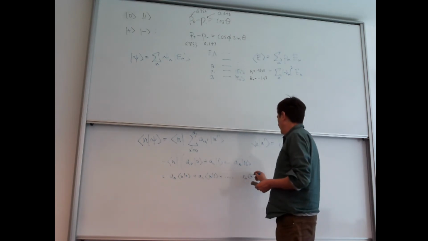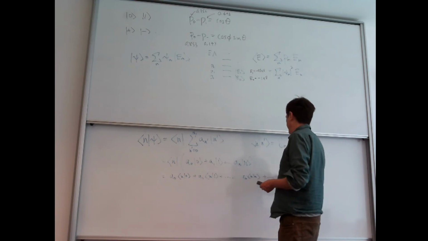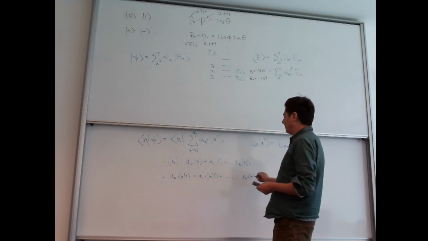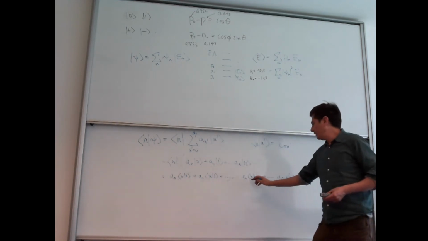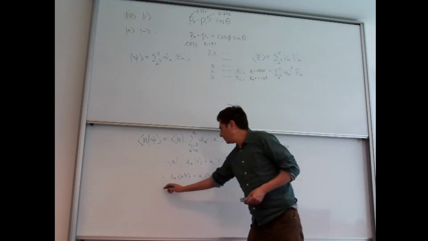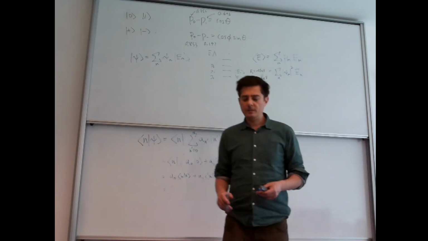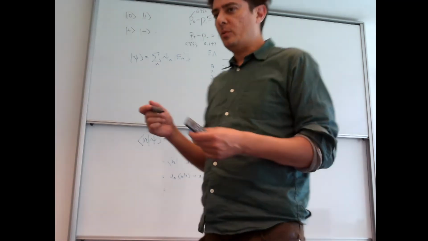So say this is the one, right? And then all these other ones will be 0, except for this one, and then this is 1. So basically this is 1, right? Like the way delta functions work in integrals.